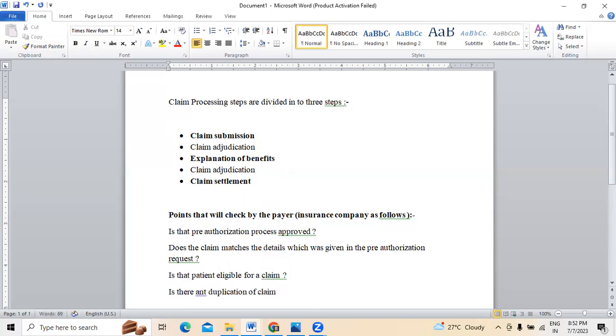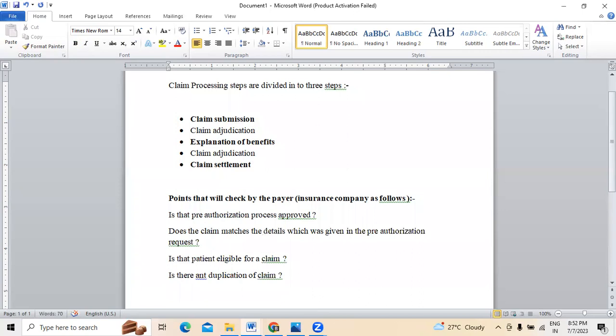Sometimes duplication is not by intention, it's by ignorance. Sometimes double submissions might take place. When they have submitted, maybe they sent it twice. So they have to cross check whether duplication of claims is there or not.